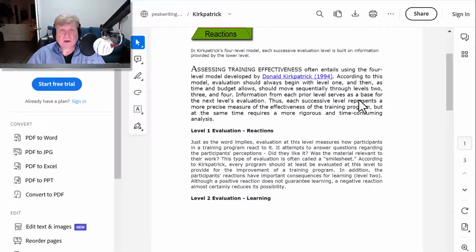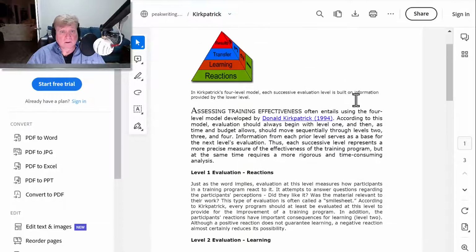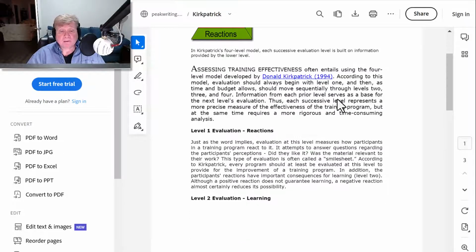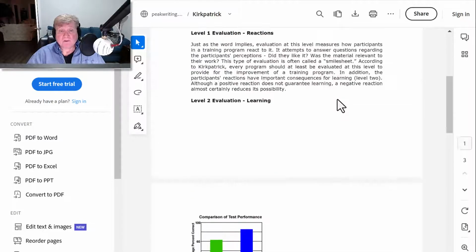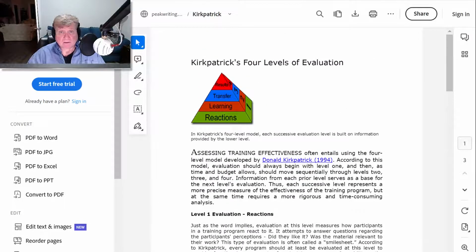Those are the 2 levels that you will be designing evaluation instruments for. Again, reactions and learning. You will get to transfer and results in your next course. In this course, it's only the bottom 2 levels. So read about those, understand those, and be able to apply those.